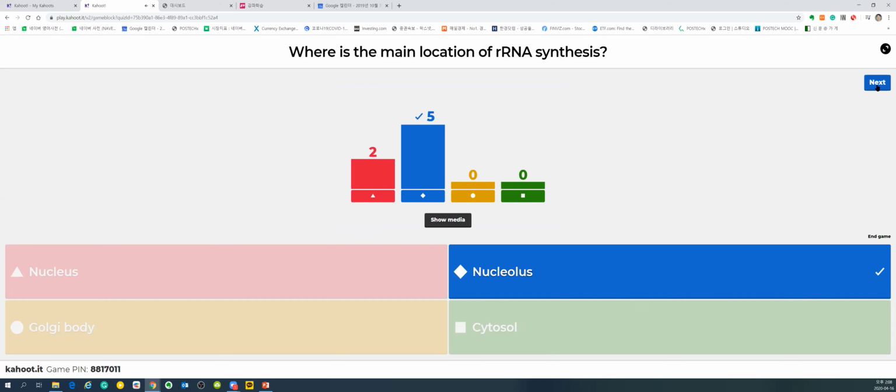Okay, not bad. What is the other name of rRNA? Ribozyme. Ribozyme is a little further extended name. Before you go to ribozyme, the direct name of rRNA is ribosome RNA.